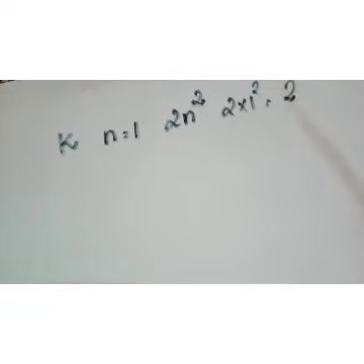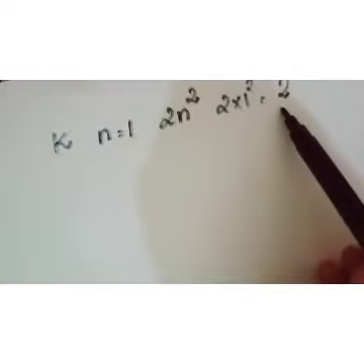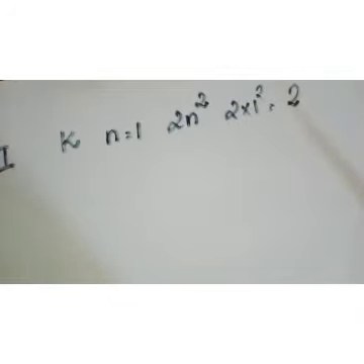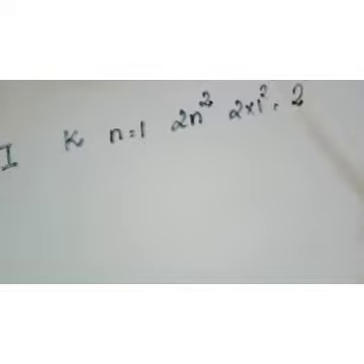The K shell can accommodate only 2 electrons, so the number of elements present in the first period is 2. Which are the elements present in the first period? Hydrogen and helium. Only 2 elements are present in the first period.